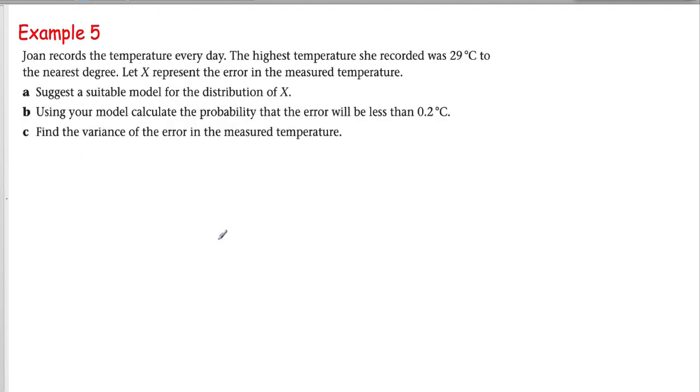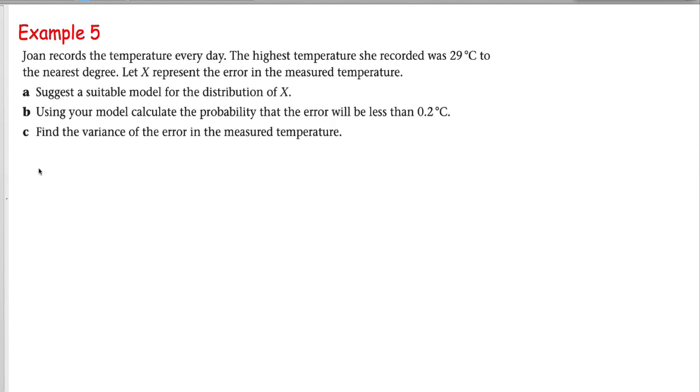Alright, one more example to go. Joan records the temperature every day, and the highest temperature she recorded was 29 degrees, to the nearest degree. Let x represent the error in the measured temperature. Now we tend to use the continuous uniform distribution for errors a lot. Suggest a suitable model for the distribution of x.